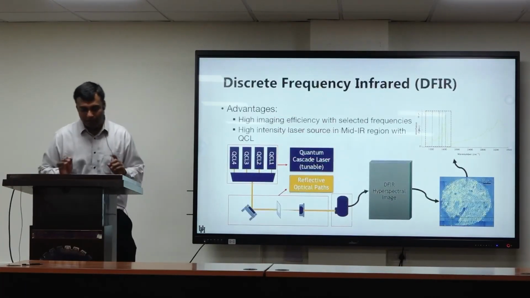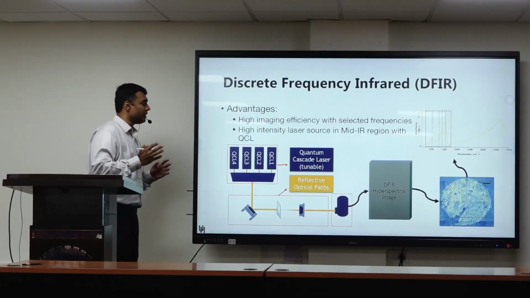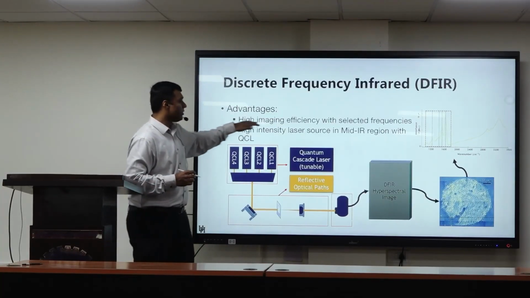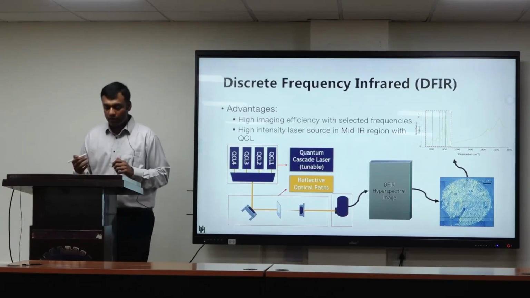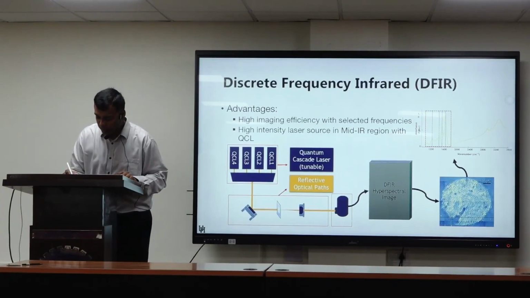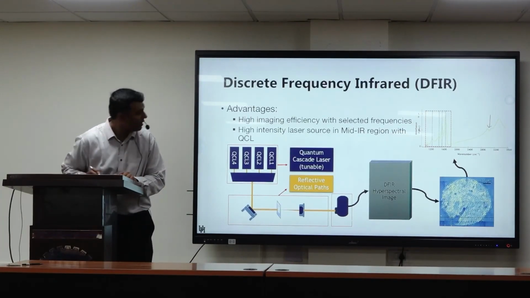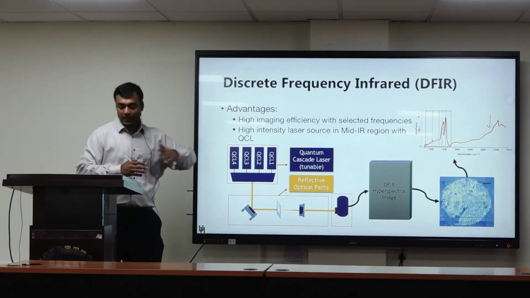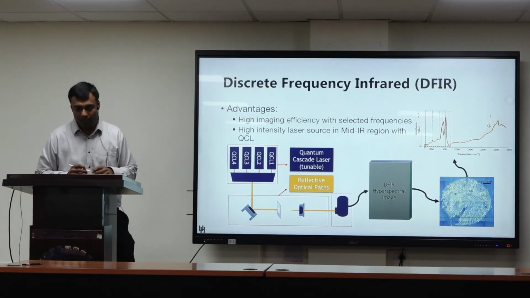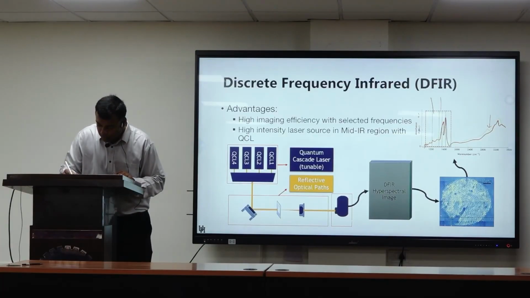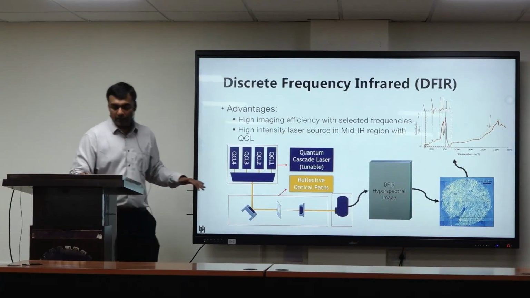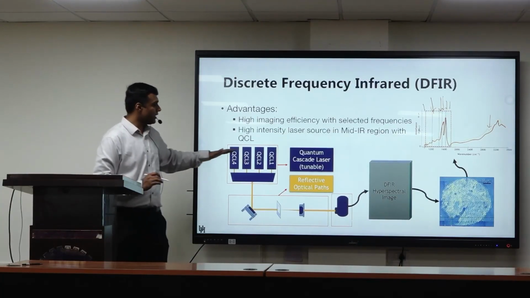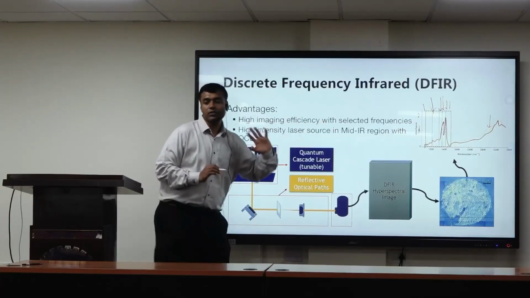So let's start with the first frequency, the QCL based imaging systems. Instead of getting the full spectrum of light, the entire spectrum like you get with FTIR imaging, you can just choose a certain set of wavelengths and collect data at only a few wavelengths. The QCL, quantum cascade laser, can give you that.